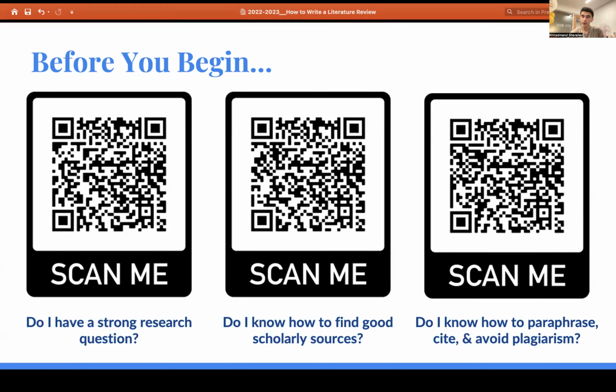Reliable and relevant sources. And the third is about plagiarism, right? How to paraphrase, how to cite, and how to avoid plagiarism. So now you can take a picture of these three QR codes, and you can always have a look at previous workshops about these topics.